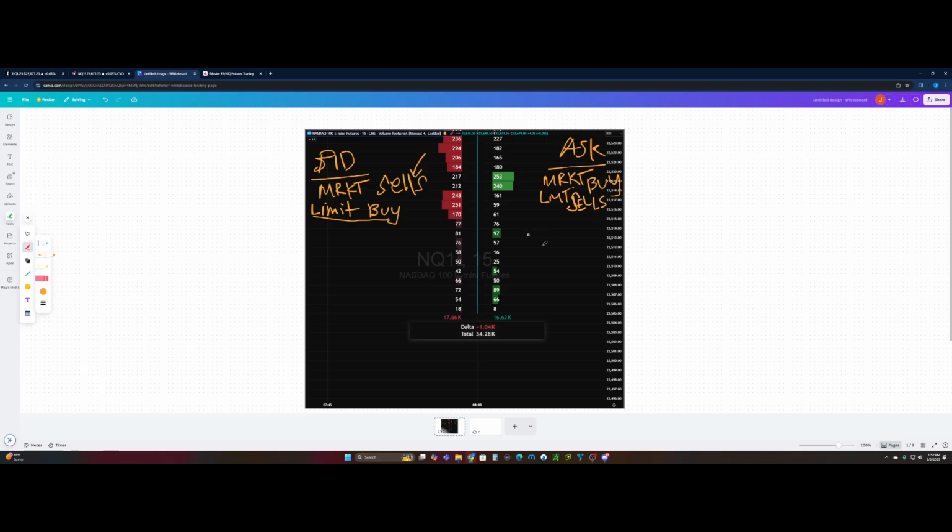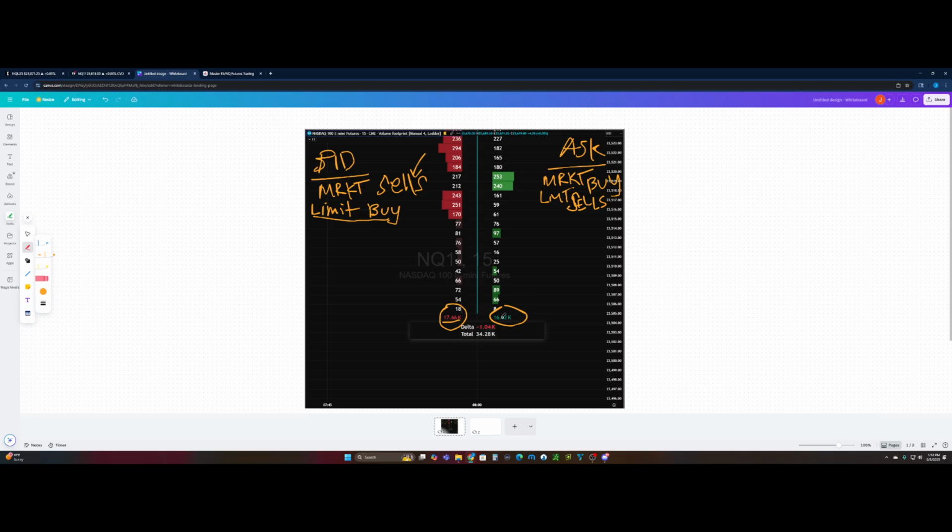Okay. Now, what else do we have on this chart? You have the total volume of the market sells on the bid right here at the bottom. Total people who have sold 17.66K.